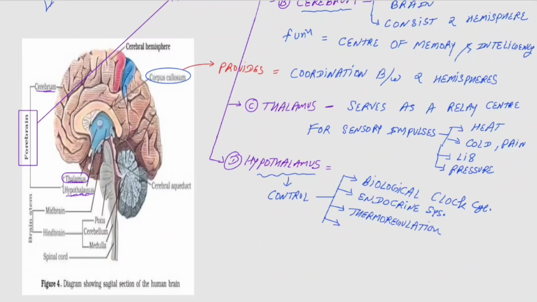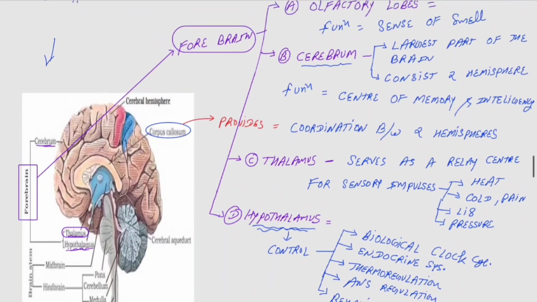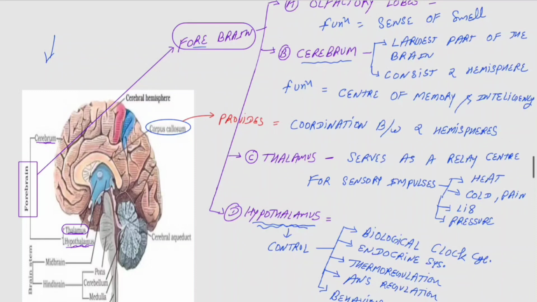Endocrine system means hormones. It also controls autonomic nervous system regulation, and behavior and emotion. All are controlled by the hypothalamus, and the hypothalamus is a part of the forebrain.